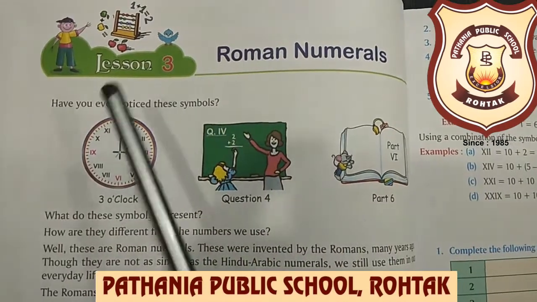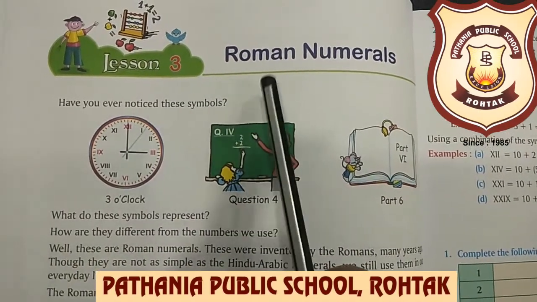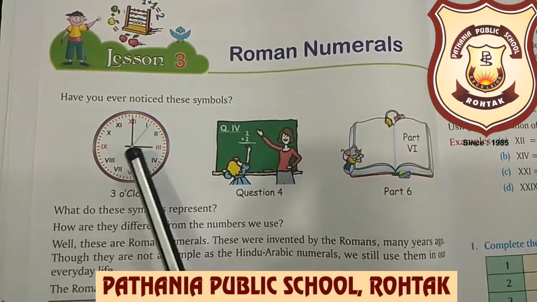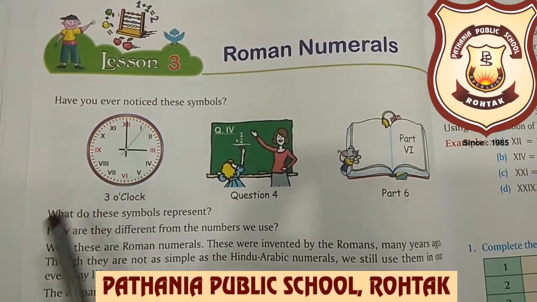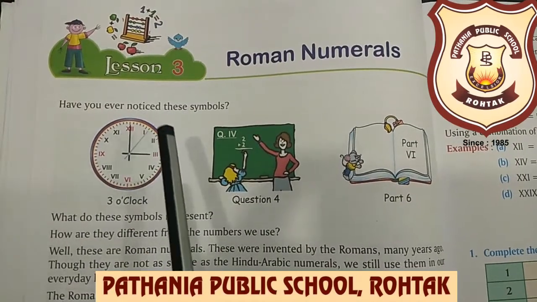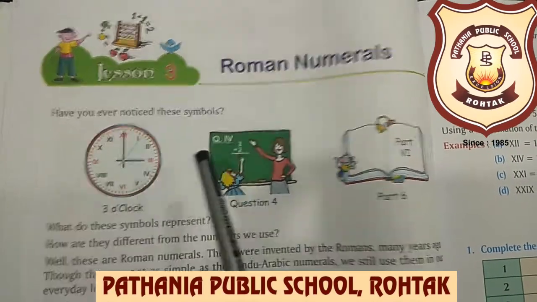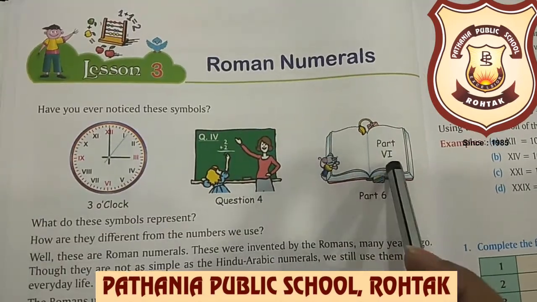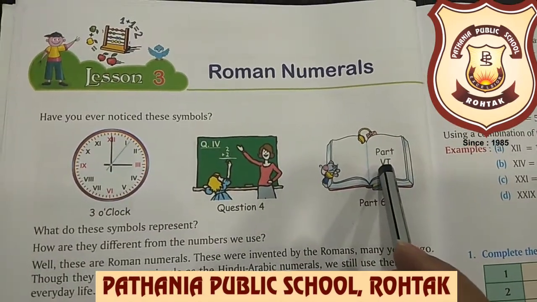Dear kids, this is our chapter 3, Roman numerals. Have you ever noticed these symbols? आपने इन symbols को पहले कहीं देखा है? Like the symbols in the clock, and here a symbol is written on the board, and here one more symbol is there in the book.